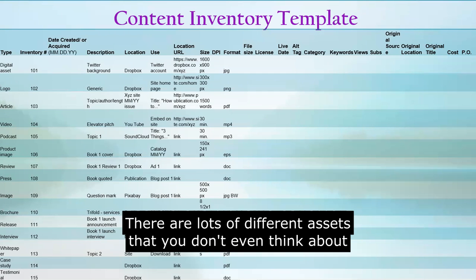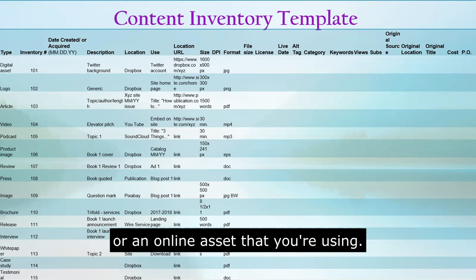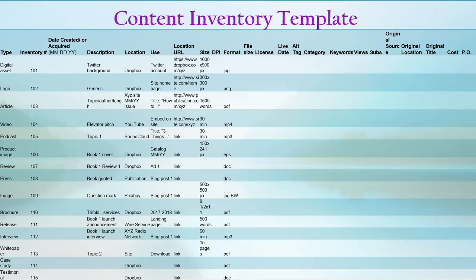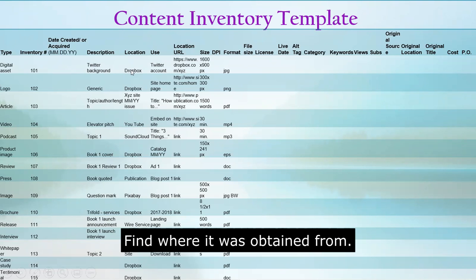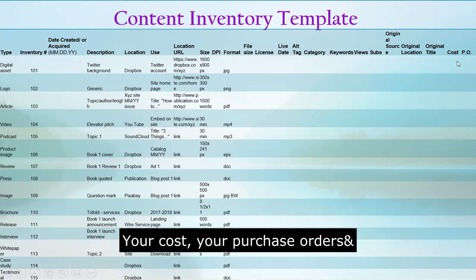So there's lots of different assets that you don't even think about, whether it's used offline, such as a brochure, or an online asset that you're using, where it was obtained from. You can document your location, what the original title was, your cost, your purchase order, as well as the original source.